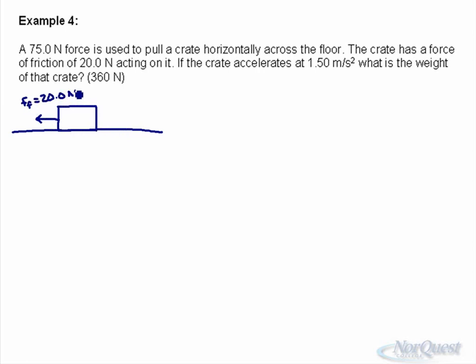20.0 newtons. The crate accelerates, so we have an acceleration, which means it's going to be moving opposing the force of friction, so the acceleration will be 1.50 meters per second squared.